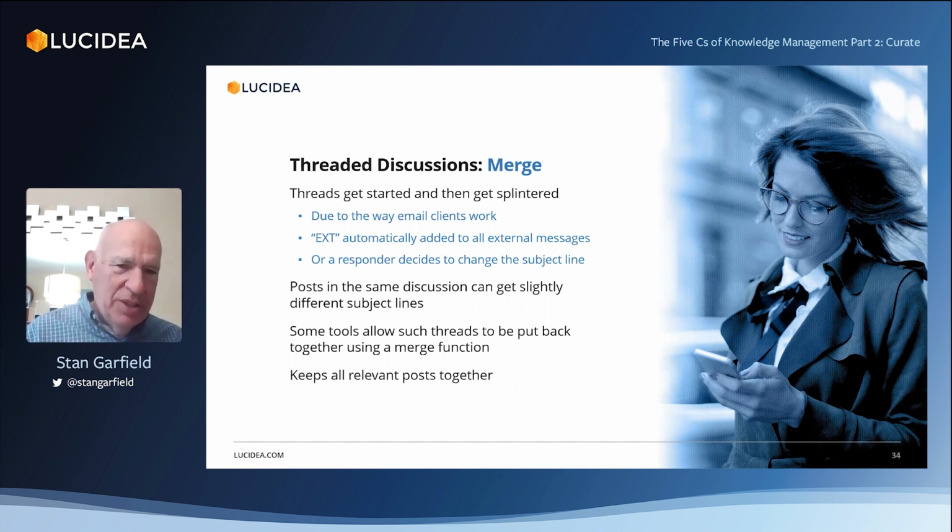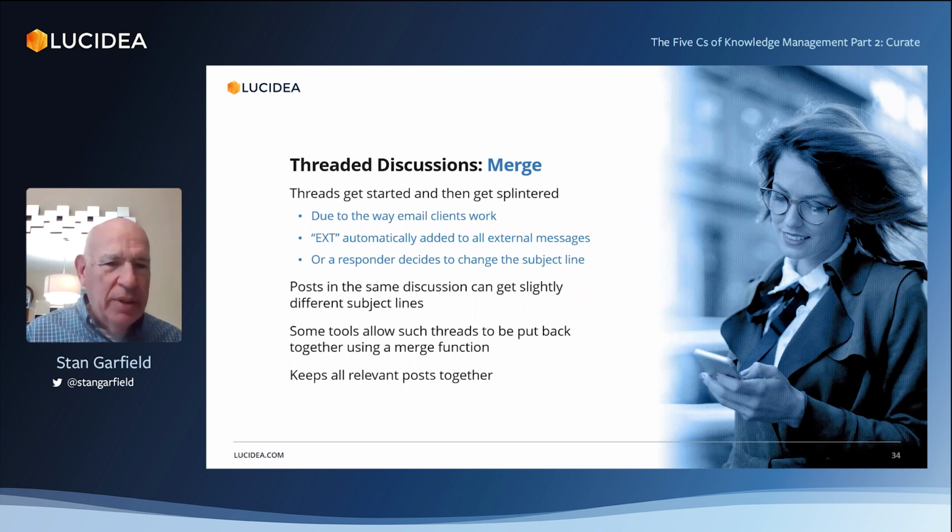So if any of these things happen, or if a responder decides to change the subject line but probably shouldn't have, then merging threads can remedy that. So posts that are in the same discussion but get slightly different subject lines and get otherwise separated can be put back together.